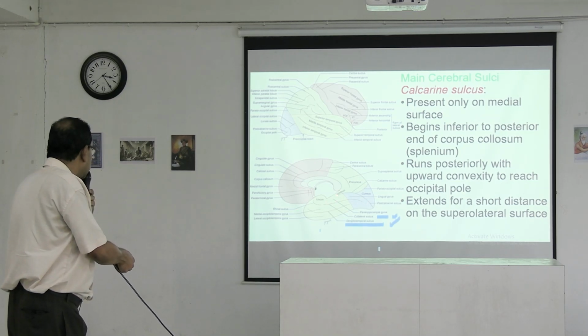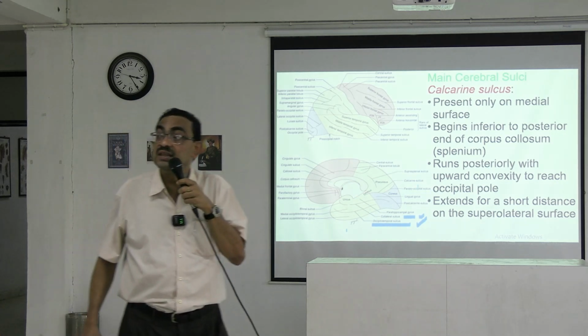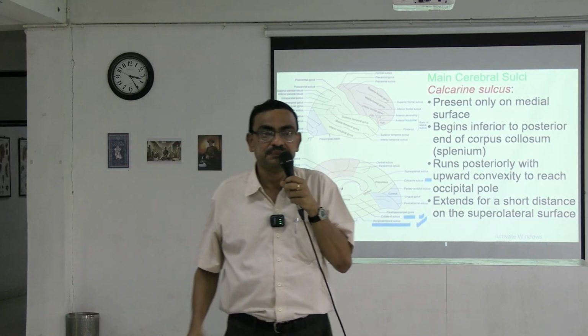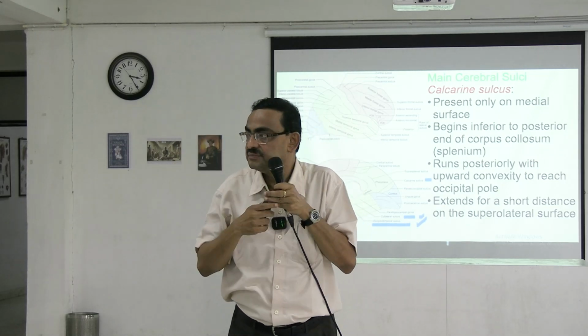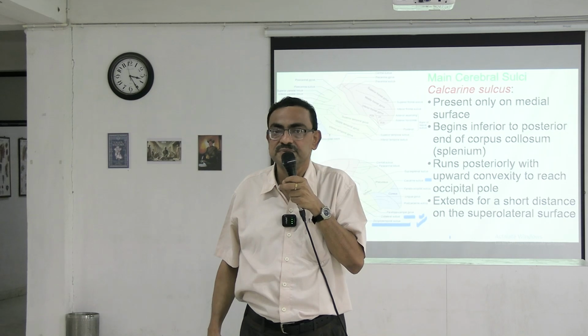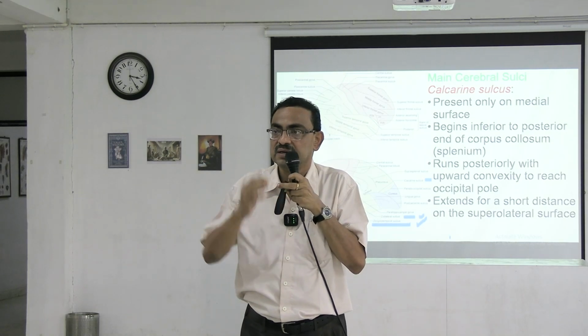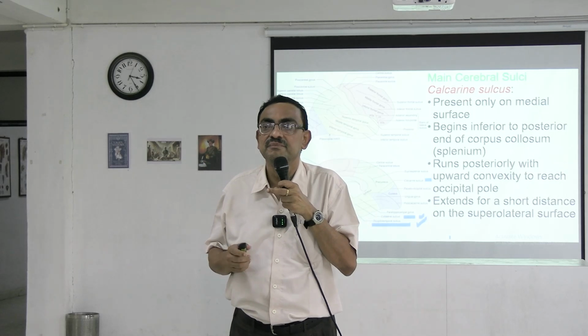This collateral sulcus and this is the calcarine sulcus. They are called the complete sulcus because they go inside the brain matter, the tissue of the cerebrum, and inside what are we getting?